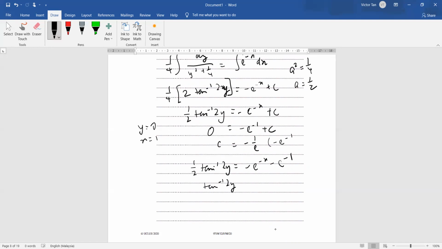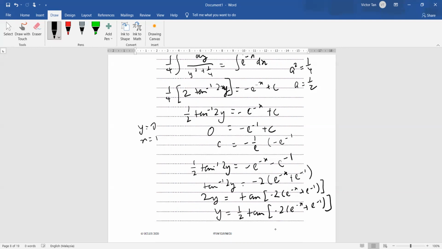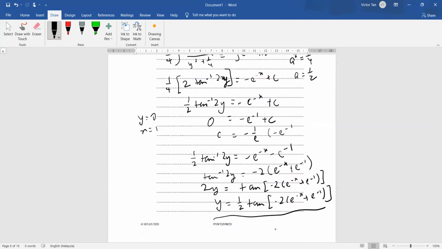So tangent 2y equals to minus 2 e to the minus x, minus e to the minus 1, plus. 2y equals to tangent of minus 2 e to the minus x plus e to the minus 1, and y equals to half tangent of 2 e to the minus x plus e to the minus 1. Okay, this is the solution.